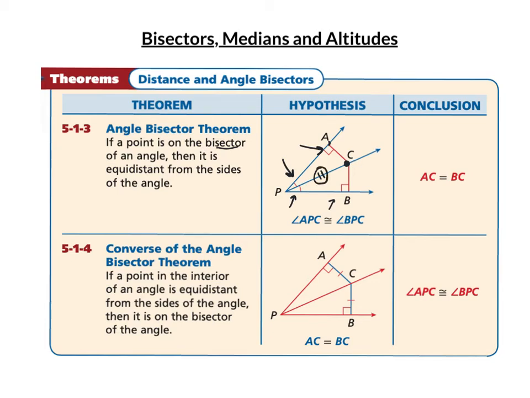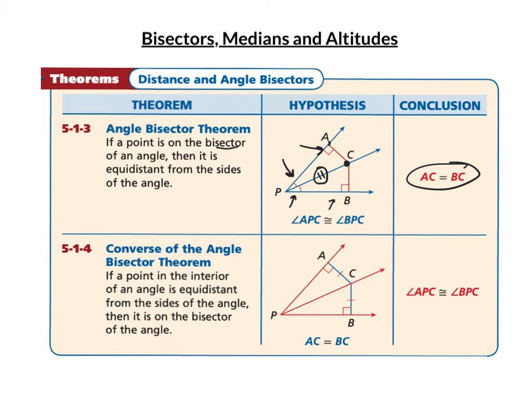Once we know the two triangles are congruent, we know that any corresponding part is congruent. That is, AC and BC are equal or congruent. If a point is on the angle bisector, then it is equidistant from the sides of the angle. Distance is always measured along a perpendicular. The converse is also true.